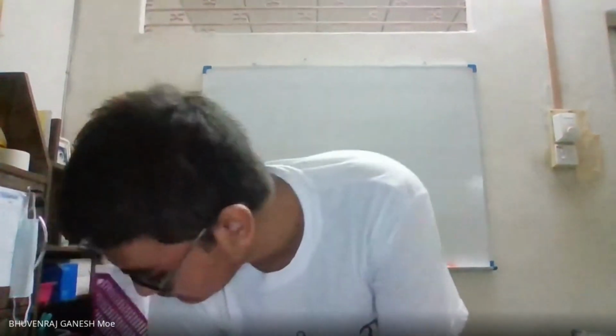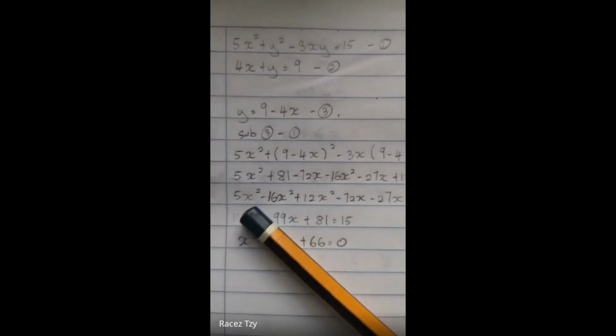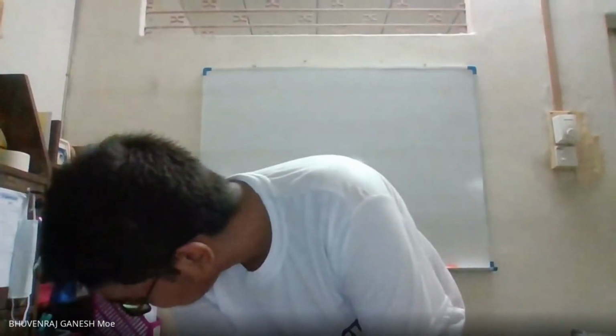Hey, wait. It is plus 16x squared, not minus 16x squared. This one, 5 minus, must plus. The 16x squared should be plus, because seven is negative, negative. Must not see directly.